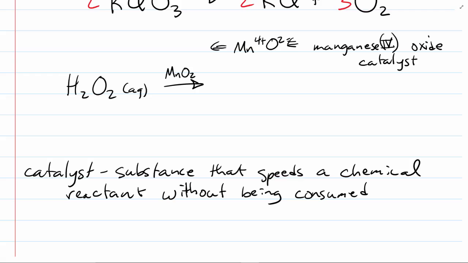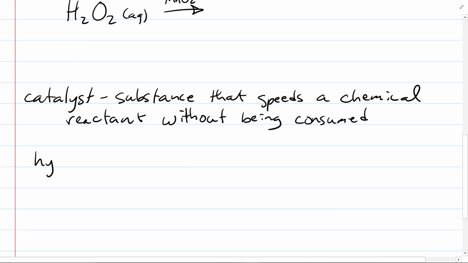All right, so now we want to tell what happens in this chemical reaction. What happens in this chemical reaction is the hydrogen peroxide decomposes to yield. Here we go, hydrogen peroxide decomposes.